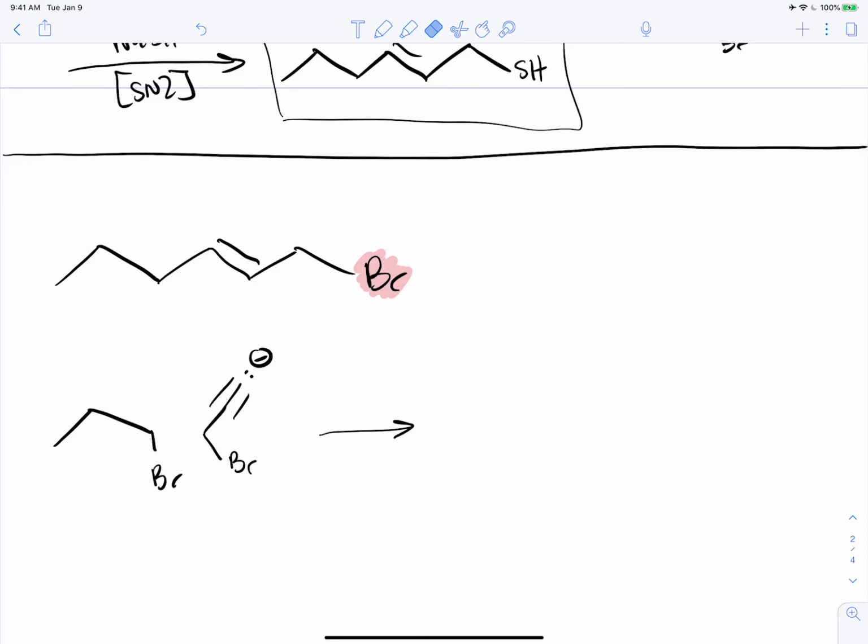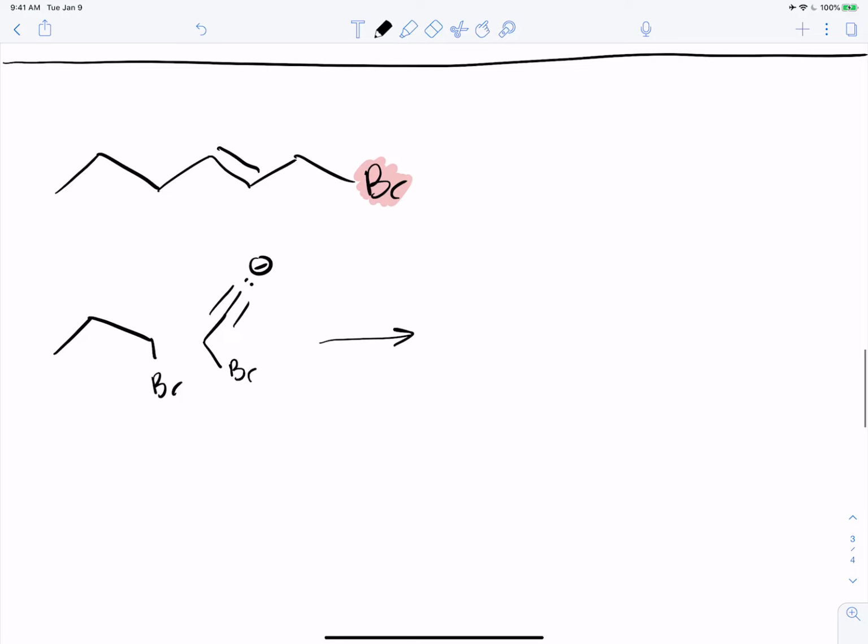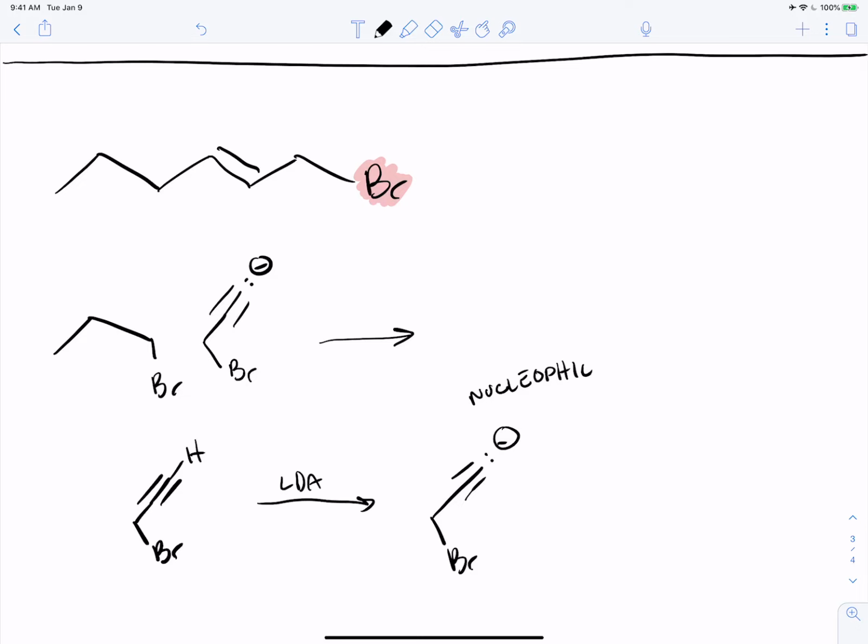And the reason for that is that this molecule, even if you can make it, let's say you'd start with the alkyne. And then when I deprotonate it with LDA, my problem is that I have this side of the molecule, which is nucleophilic, or a strong base.